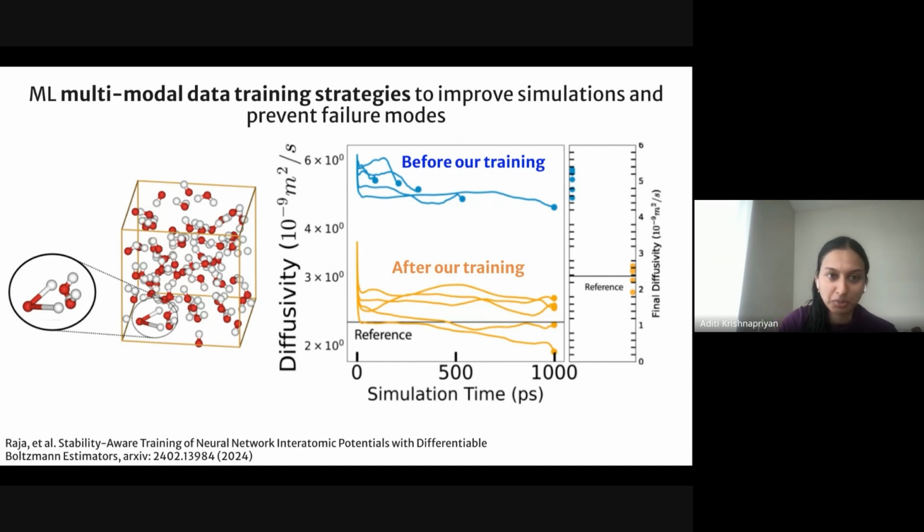But after you apply this multimodal training strategy, you can do a lot better, and your simulations seem more stable, but also you're computing these diffusivity coefficients more accurately. And I think this could be potentially a way to think about bridging gaps between simulation data and experimental data as well, since the observables that you get from running an MD simulation may also be things that you could get experimentally.